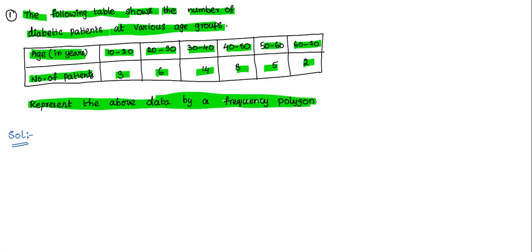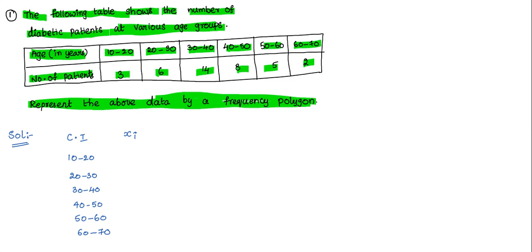Whatever class intervals are given, I am taking those: 10 to 20, 20 to 30, 30 to 40, 40 to 50, 50 to 60, then 60 to 70. These are the class intervals given, so we need class marks, that means the xi values.